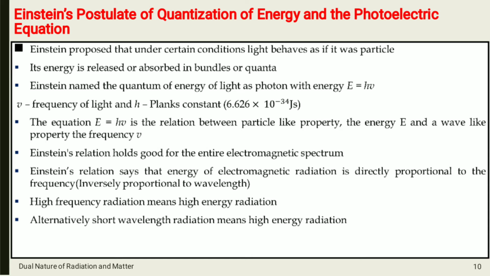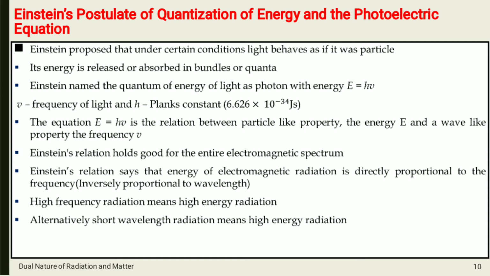Energy of photon is E equal to h nu. Light is released in the form of bundles or quanta, and Einstein gave the name photon to that quantum.